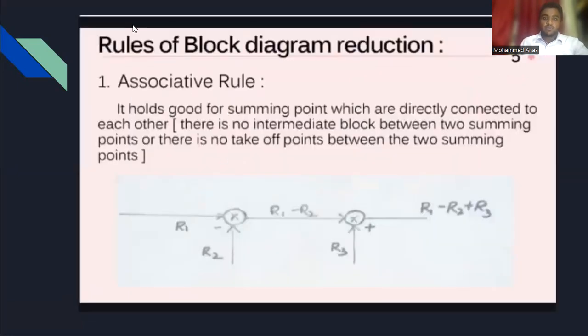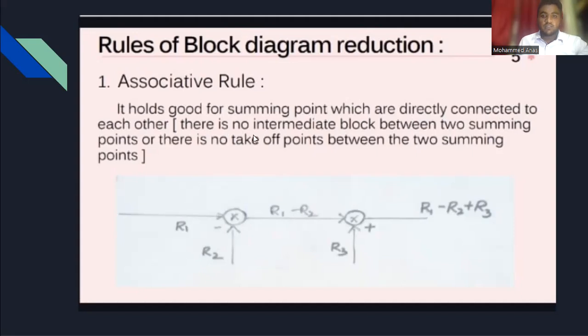There are many rules to convert a complex control system into a simple one. In that, the first one is the associative rule. Associative rule means it holds good for summing points which are directly connected to each other.